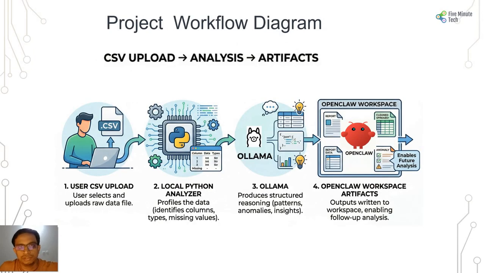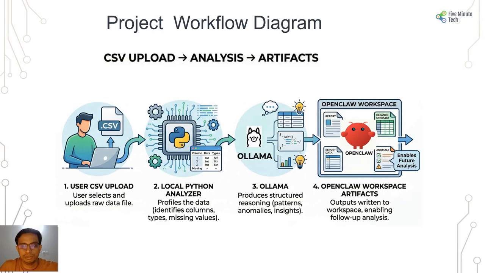Now the project workflow diagram shows how the project workflow happens. It's a CSV file upload, which runs through analysis and generates the artifacts. The user uploads, that is I will be doing that, a CSV file. A local Python analyzer will run and profile the data, identifying columns, types, and missing values, and then Ollama produces the structured reasoning: patterns, anomalies, and insights.